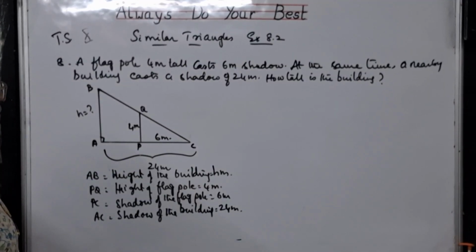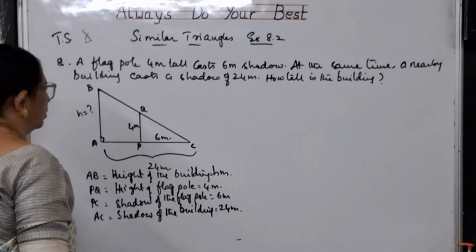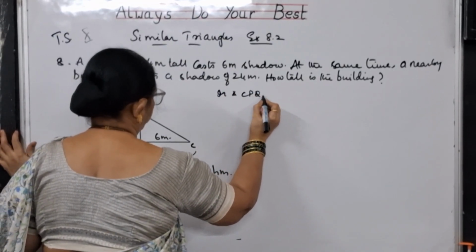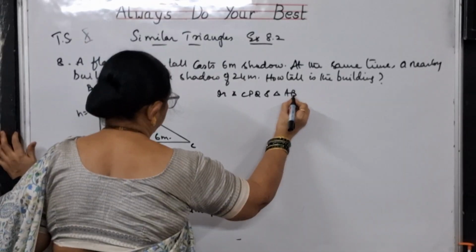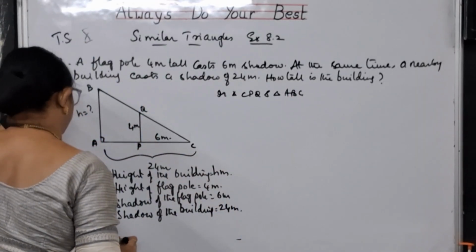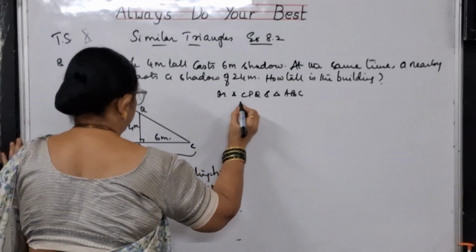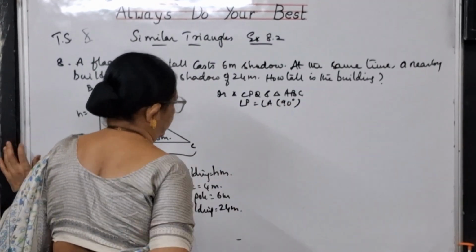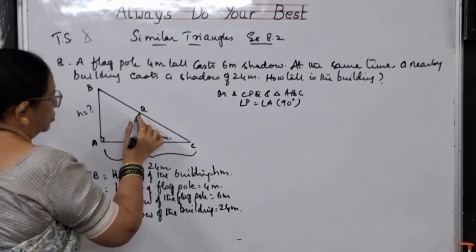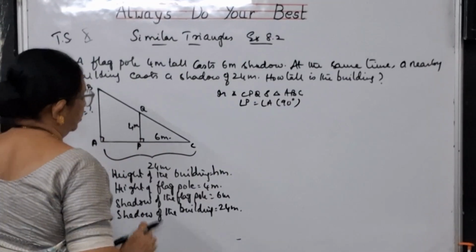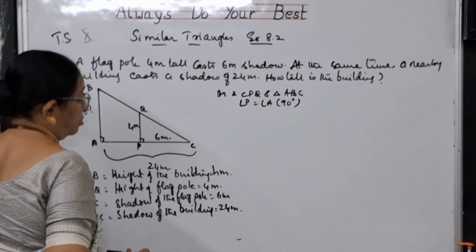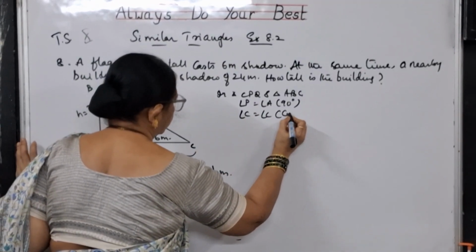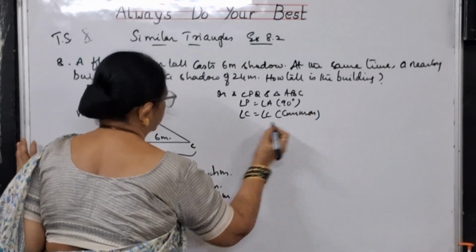Now let us take the two triangles that you have got. In triangle CPQ and triangle ABC, in these two triangles, angle P is equal to angle A, 90 degrees. It is natural. They both should be erected upon the base perpendicularly. Angle C is equal to angle C, common.